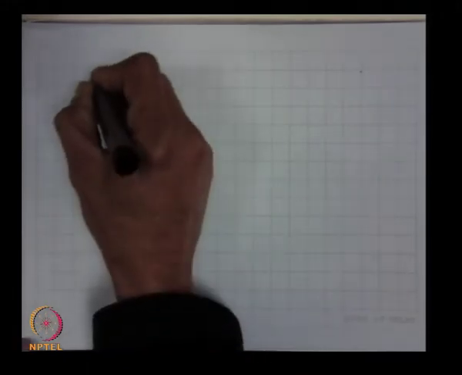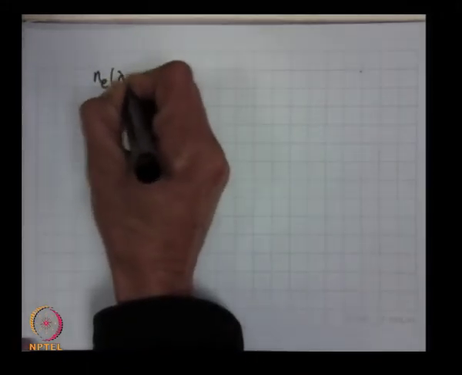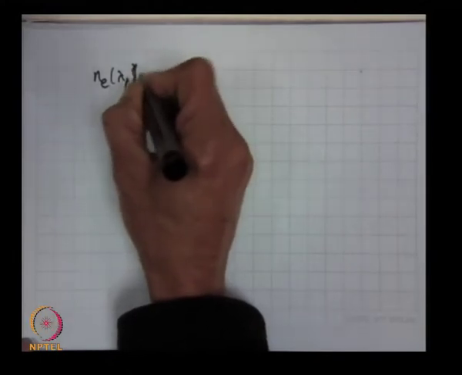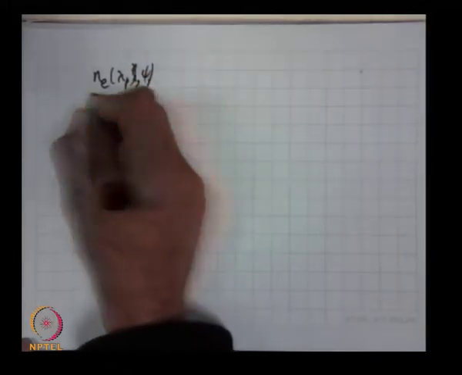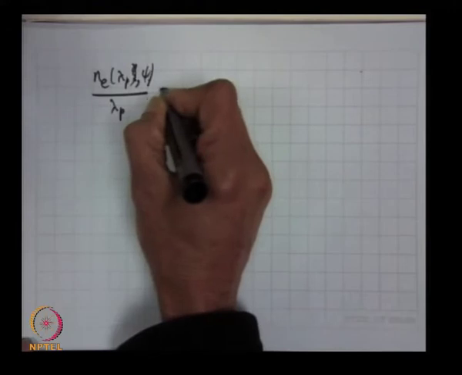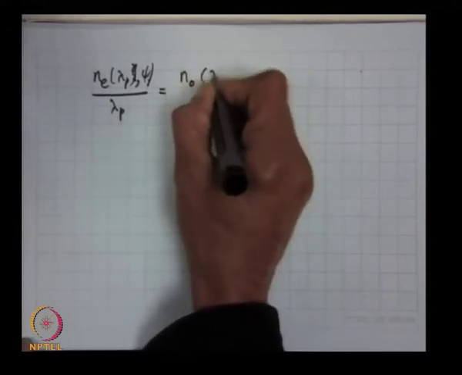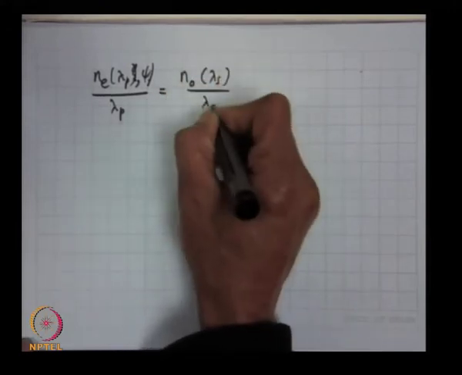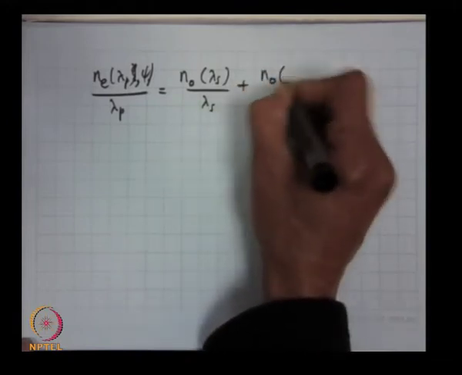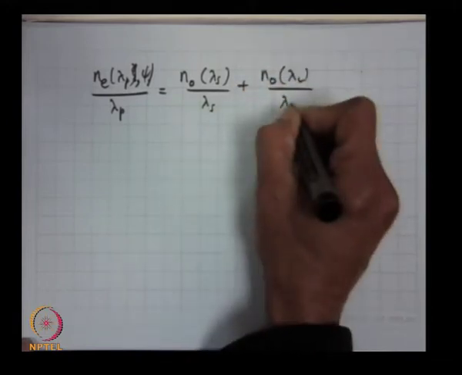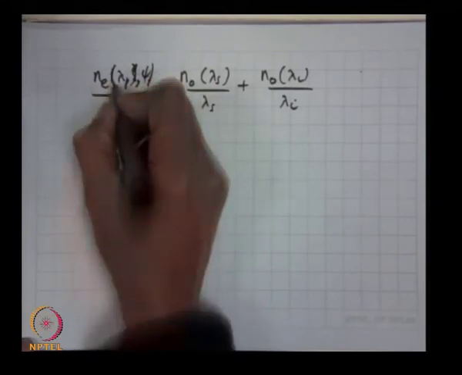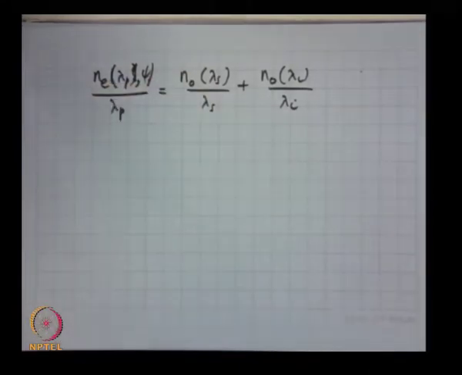In our case, because the pump is an extraordinary wave, the extraordinary refractive index at lambda p, comma psi, some angle psi, by lambda p is equal to the ordinary index at lambda s by lambda s plus the ordinary index at lambda I by lambda I. Psi is some angle now.